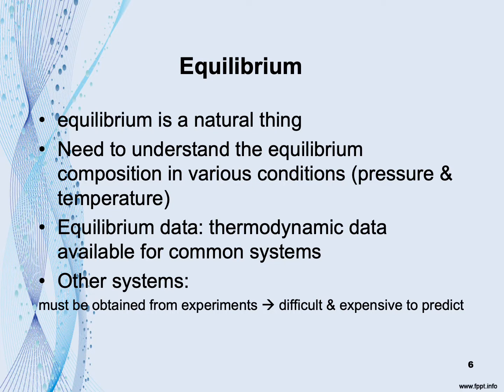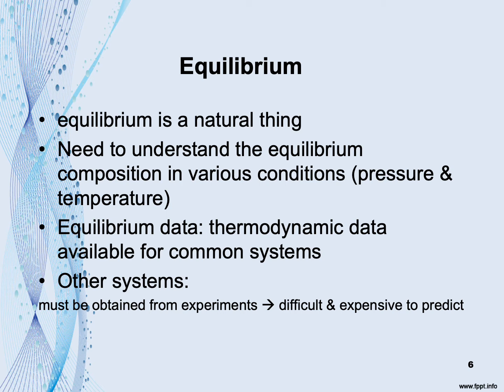Based on the previous explanation, equilibrium is a really natural thing. This is something that God gave to us. So equilibrium is a function of temperature and pressure, and we need to understand equilibrium composition in various conditions.